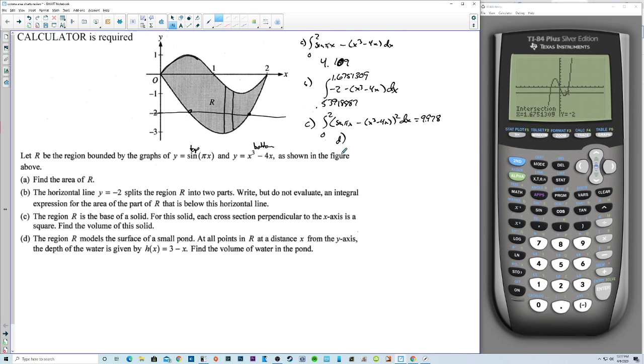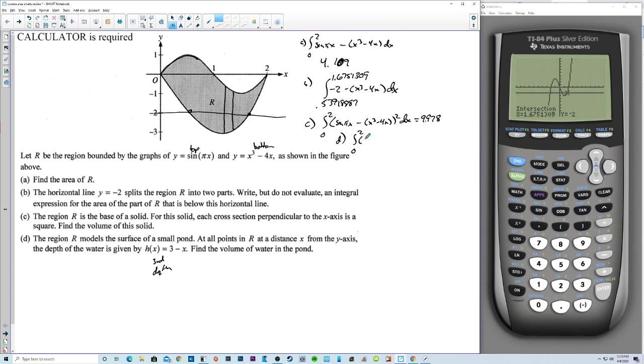Letter D, the region R models the surface of a small pond. At all points in R at a distance x from the y-axis, the depth of the water is given by 3 minus x. So this is our third dimension, depth. Find the volume of the water in the pond. We're going to integrate from 0 to 2.